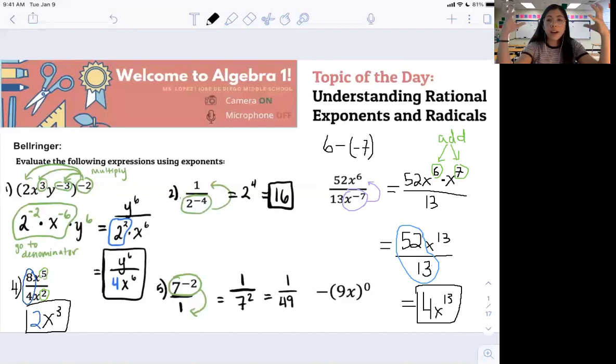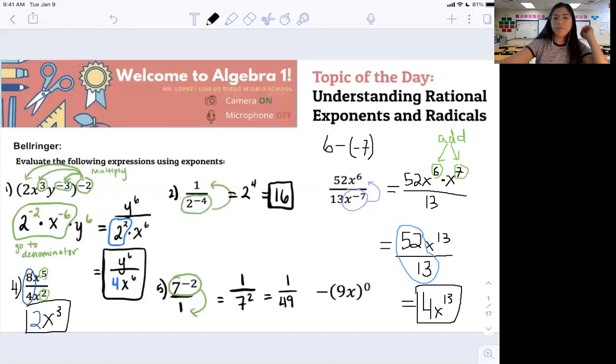So in number 4, I did 2 steps in one, because I noticed that I can simplify the coefficients. So I can do 8 divided by 4, and I can do 5 minus 2. I could split those up and do those in 2 separate steps, but at this point, we can do those 2 things in one step. Thank you. Any other questions?